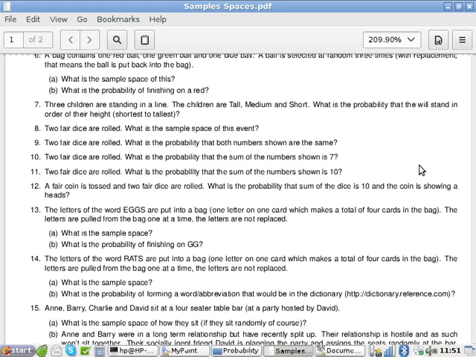So it's a lot like the red, green, blue. You have 6 possibilities. There's a typo, I'm sure.